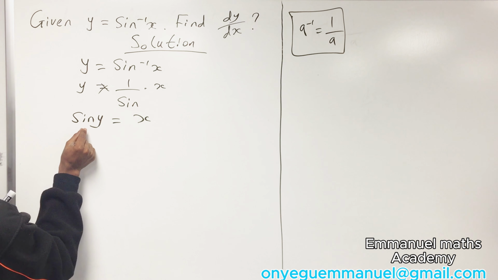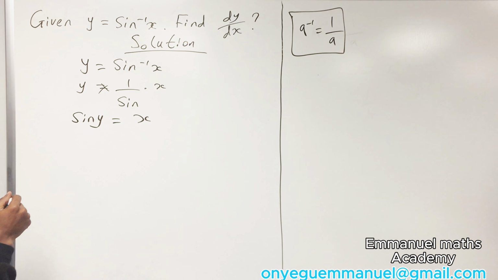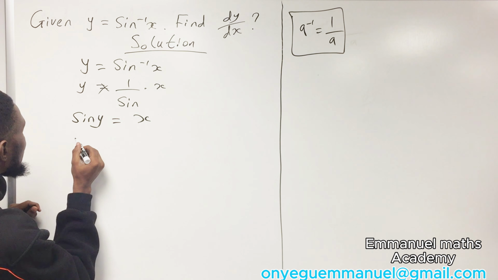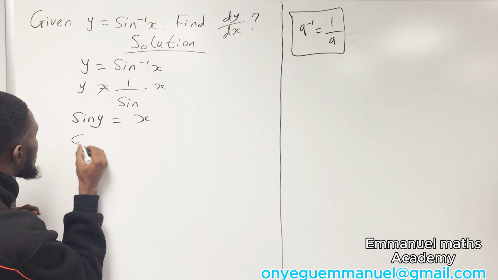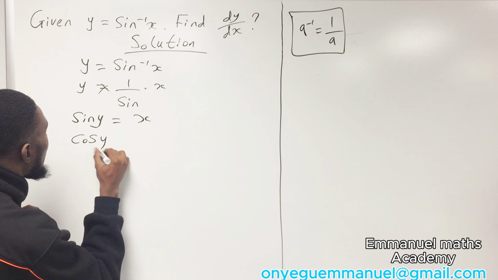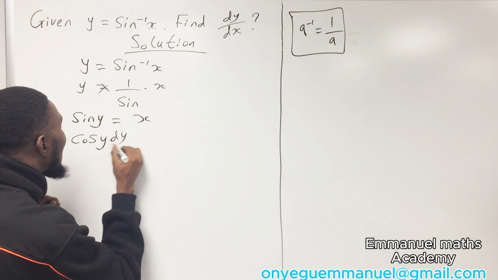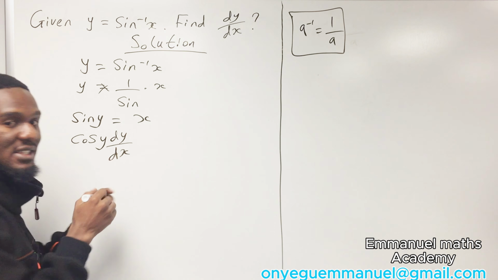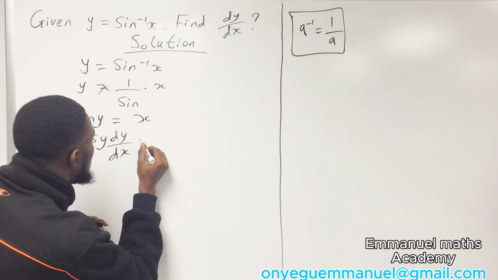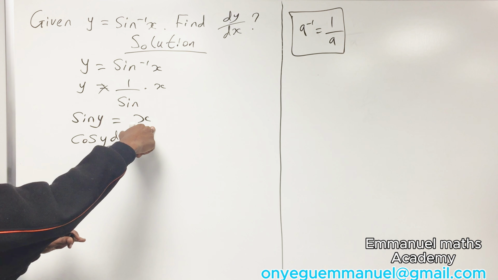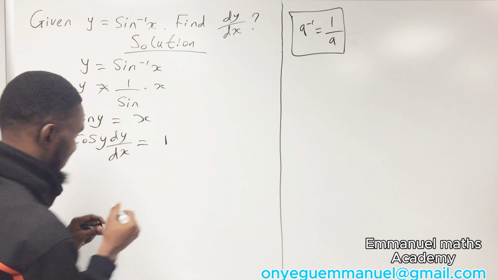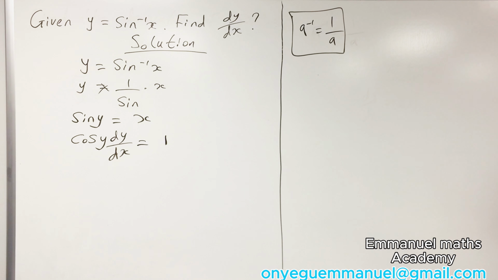Now, if you differentiate sine y with respect to x, you have what? Cos y. You now have dy/dx. This is the implicit part here. Equal to, if you differentiate x with respect to x, you have what? 1. Right?